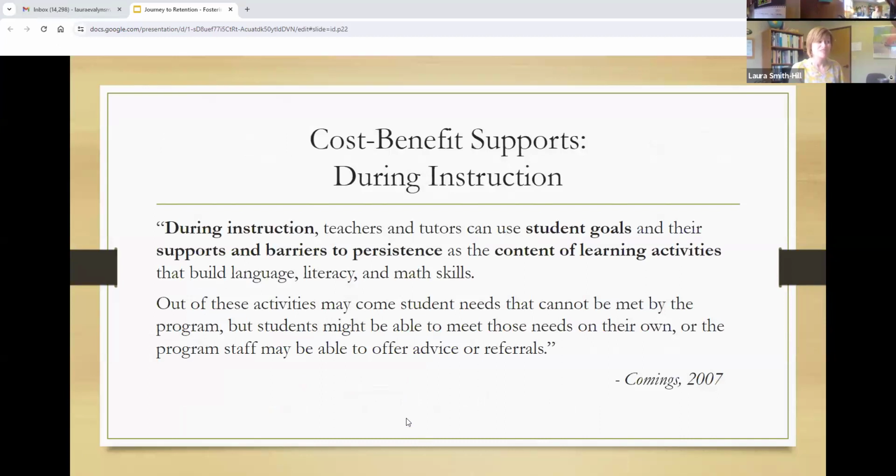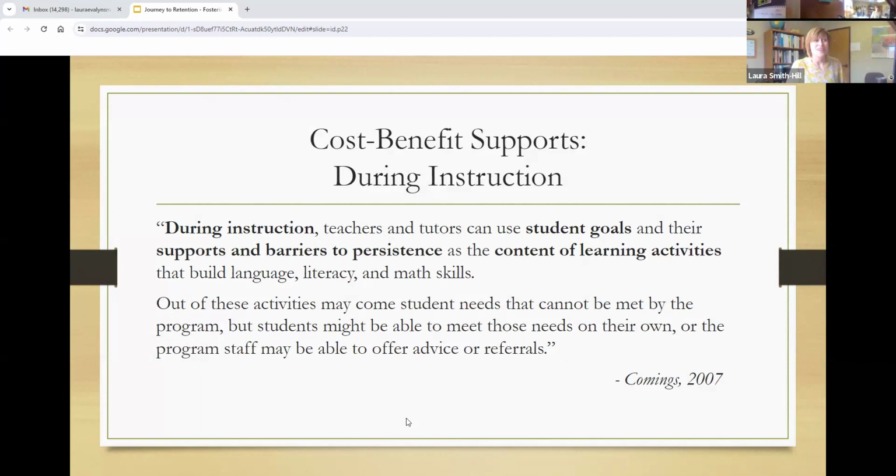During instruction, teachers can use student goals and their supports and barriers as the content of learning activities that build language, literacy, and math skills.